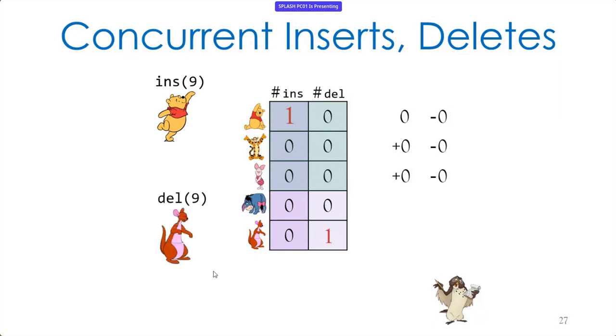And then Kanga starts running a deletion of 9, deletes 9 from the set, and updates her deletion counter. Then at this point, if Owl resumes his traversal and keeps reading the counters in the array, it will see the modification by Kanga, but it will miss the update of Pooh. And this way it's going to obtain a negative size.